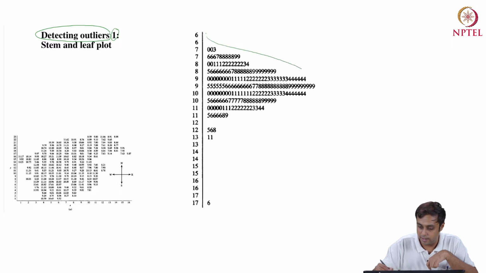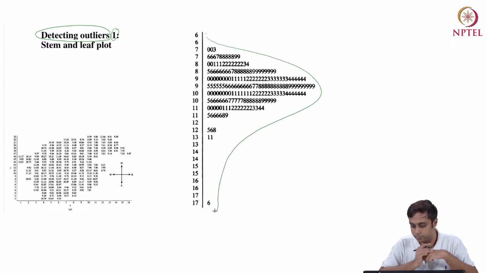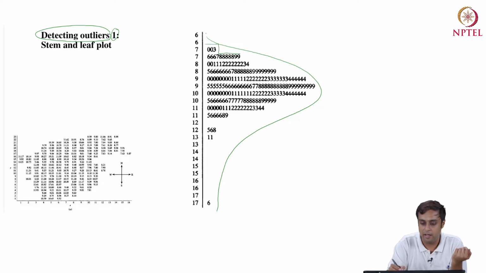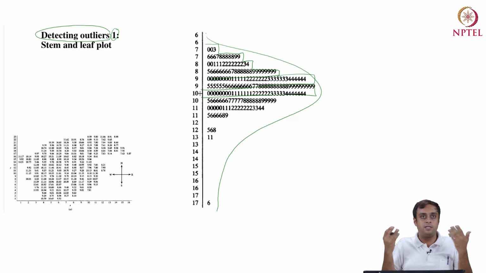Pardon me for my bad drawing. But if you were to take this vertical stem and leaf plot and just rotate it to a horizontal stem and leaf plot, it will start looking like a density function or even something like a histogram, correct? So the stem and leaf plot, first of all, is just like a histogram.